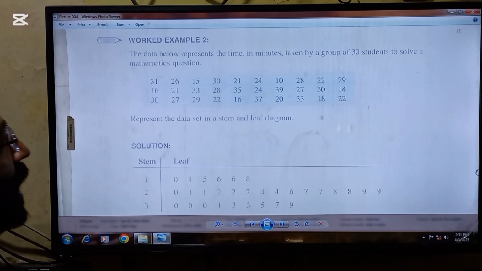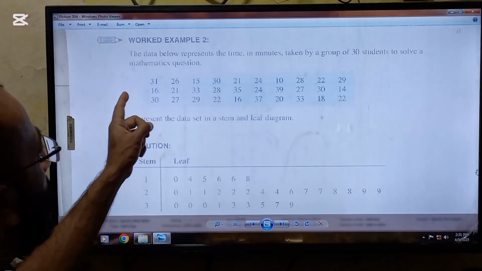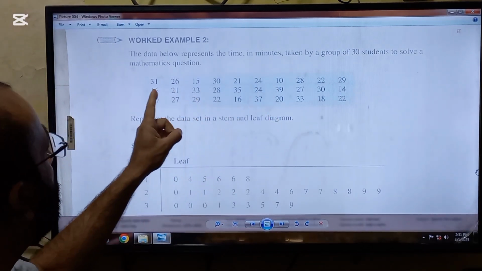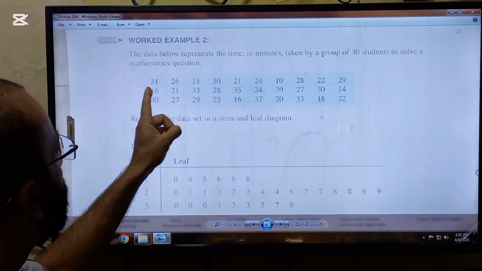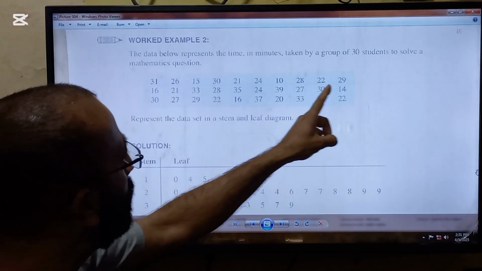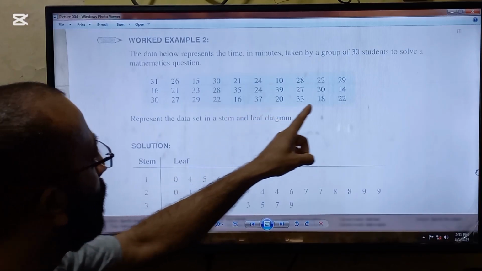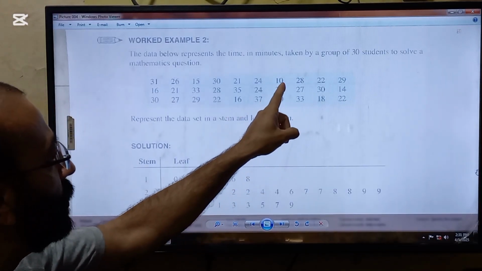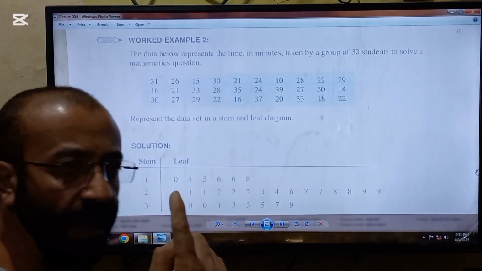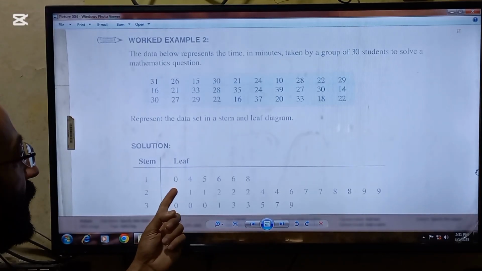And now we will count the minimum values. Like 10 is the minimum value, we will count tens. So here is 10, and only 10 is there, so the unit digit will be written once, so this is the 0.